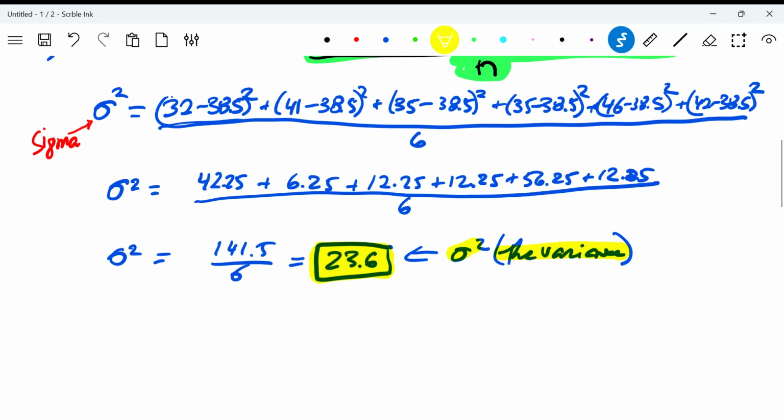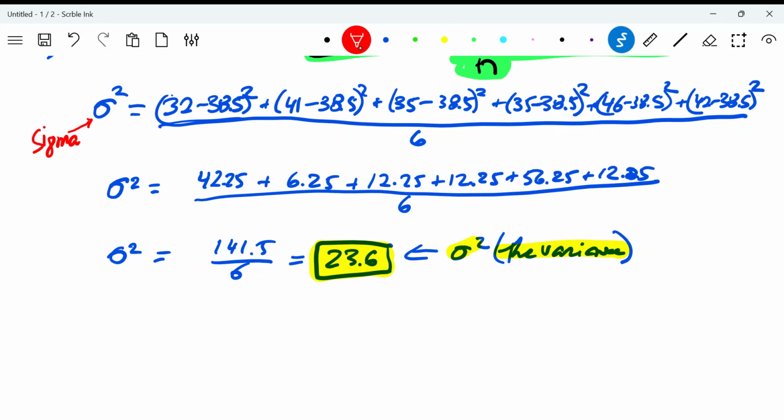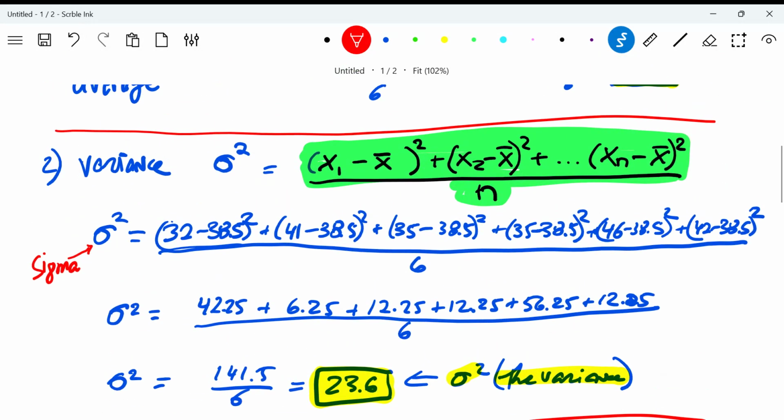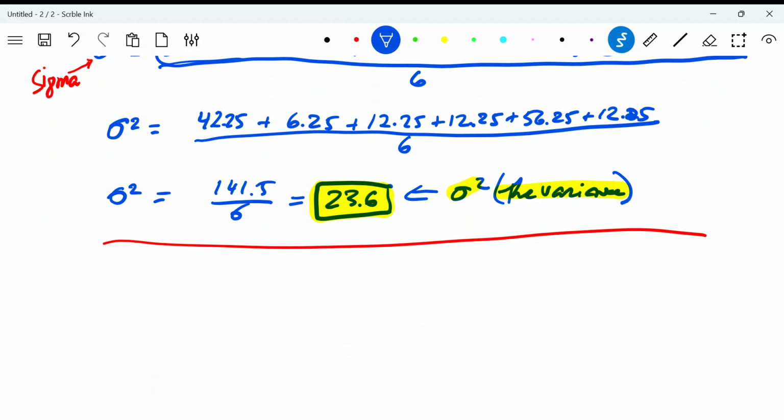Now, once we have that, the third thing is to find the standard deviation, which of course we can just call SD, but it actually is that sigma symbol, not squared.